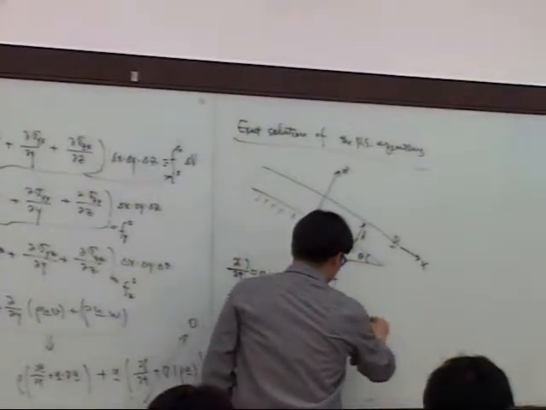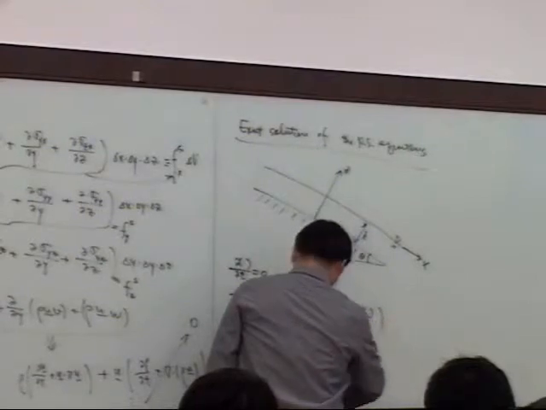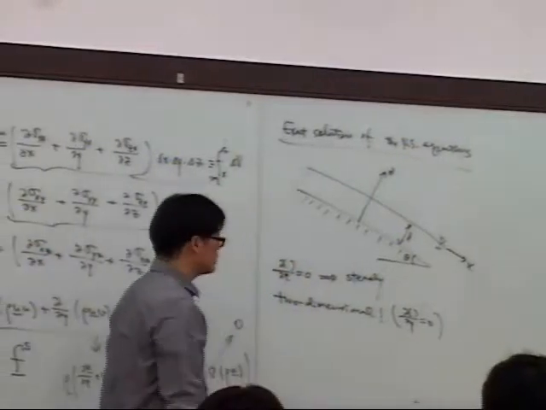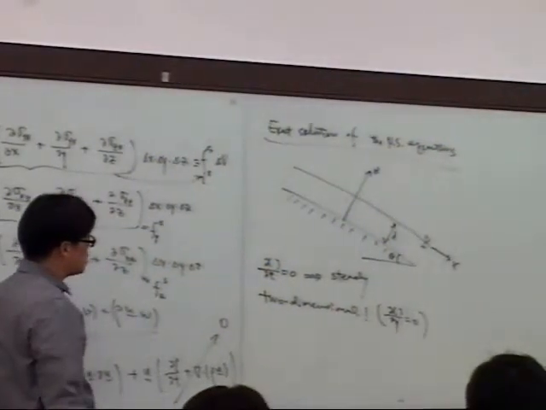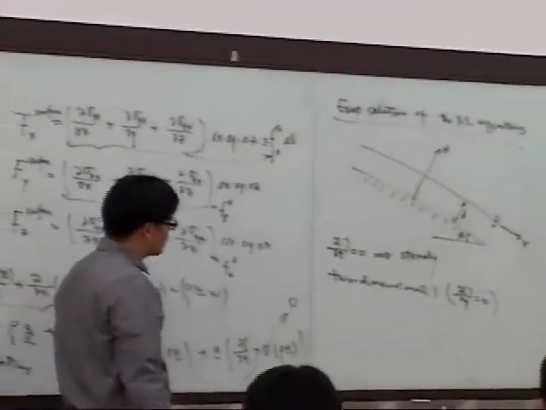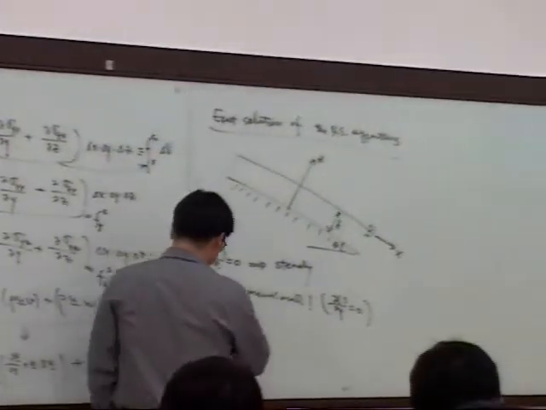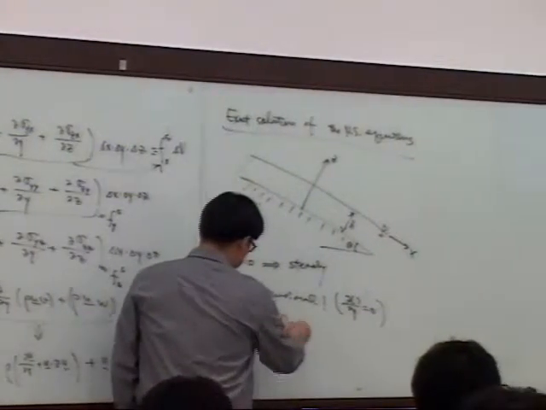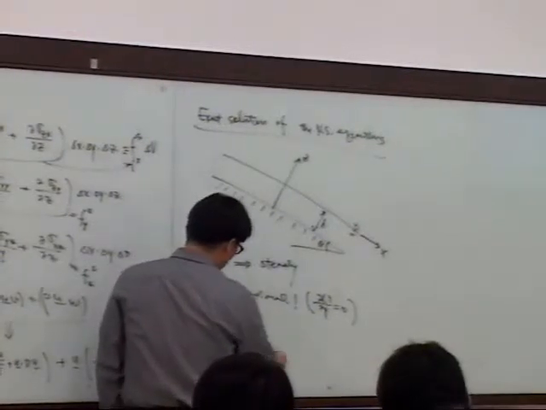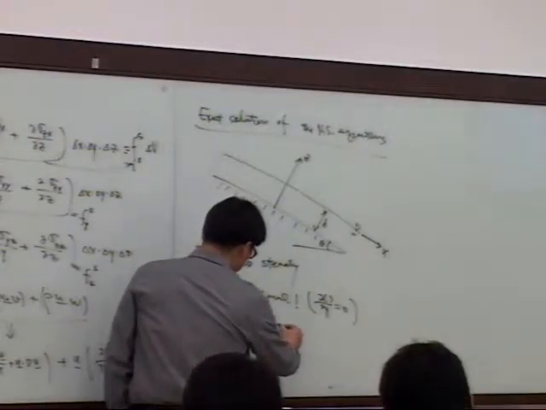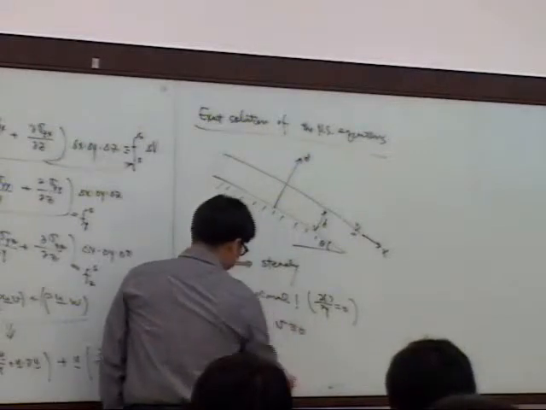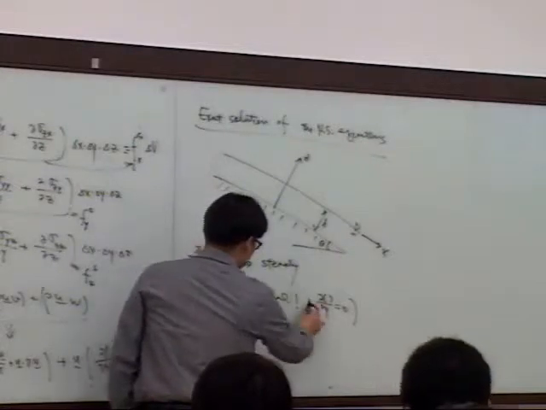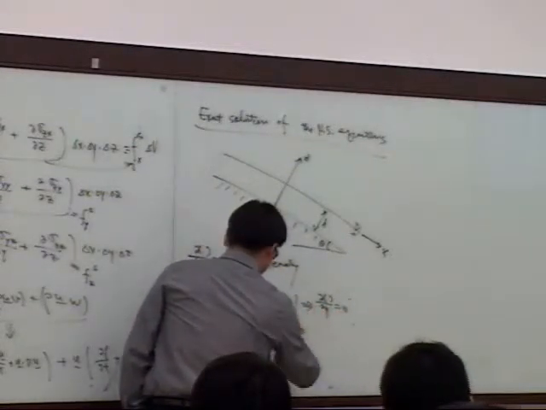So in other words, d dy of anything is equal to 0. In addition to that, I'm making the flow unidirectional. So this means v is 0.